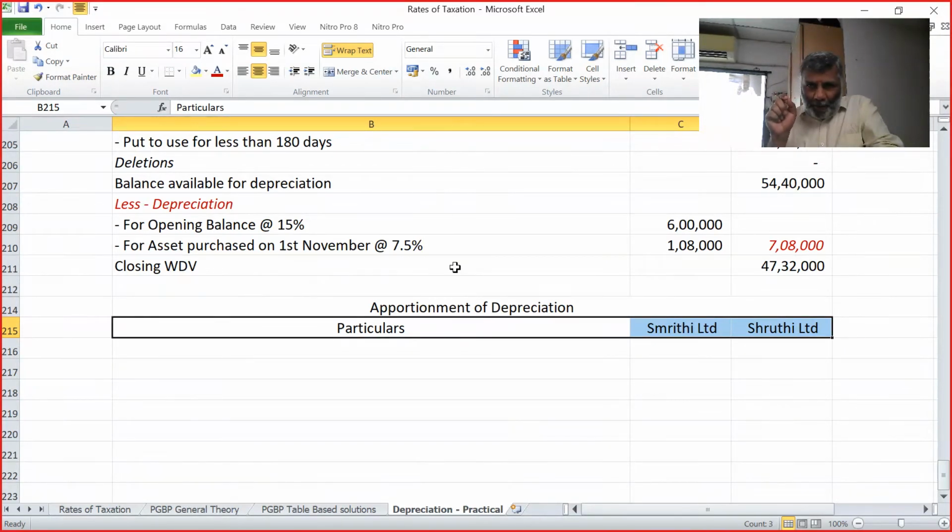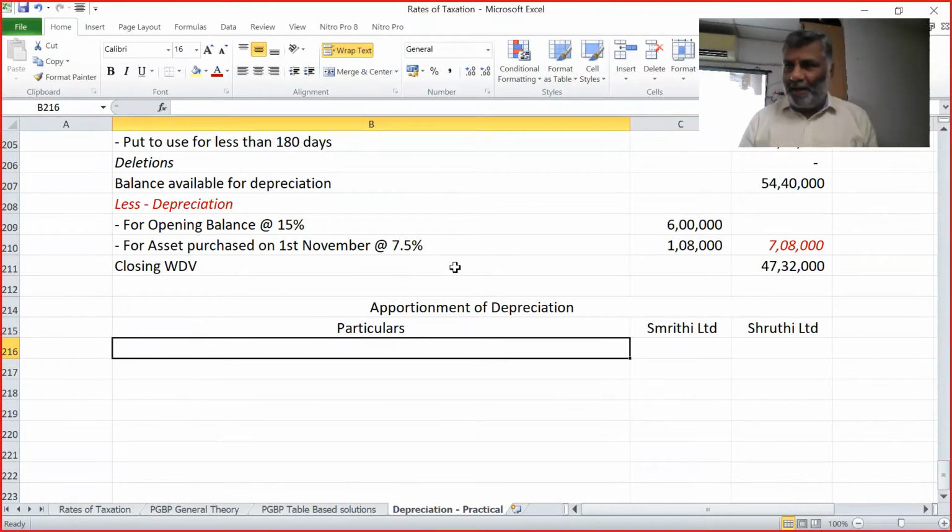Depreciation will be computed ignoring the event. Such computed depreciation will be distributed amongst the entities based on effective usage period. It will always be in days, effective usage period.